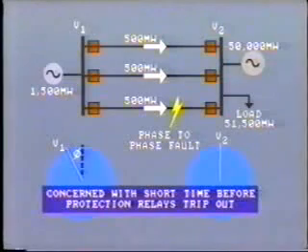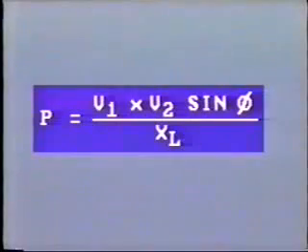In this study, we are concerned with what happens in the very short time frame before the protection relays trip out the faulty line. As we know, a phase-to-phase fault will cause the voltage to fall to a very low level at the location of the fault. This will cause voltages in the vicinity of the fault to fall. Now remember the power angle equation, V1 times V2 times the sine of the power angle divided by reactance, XL.